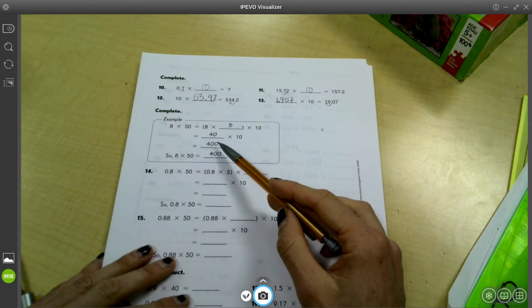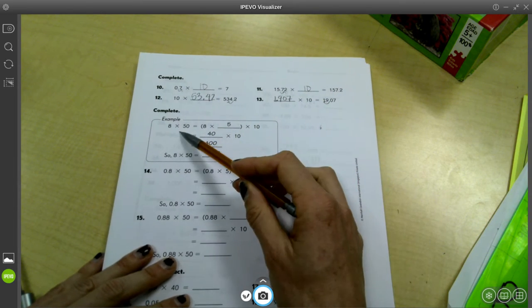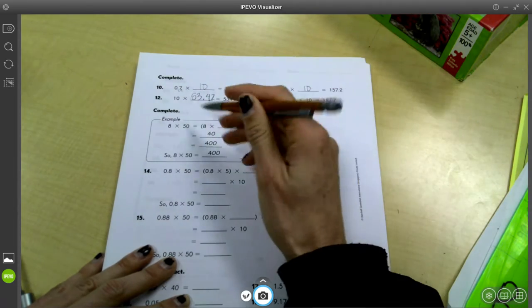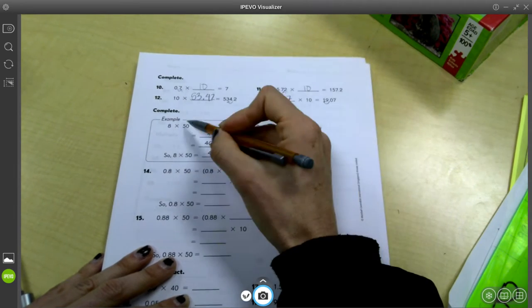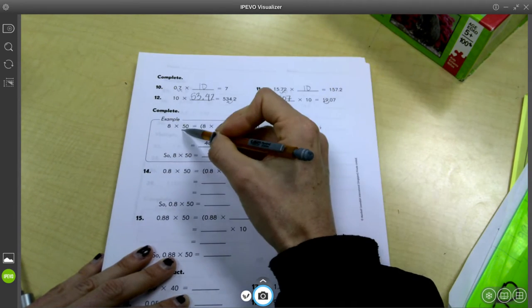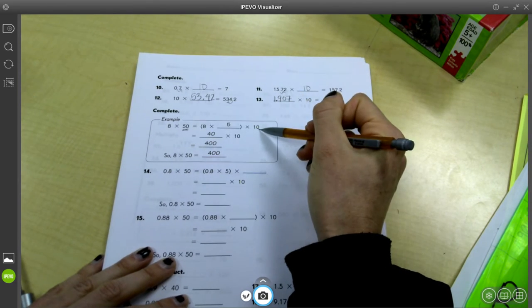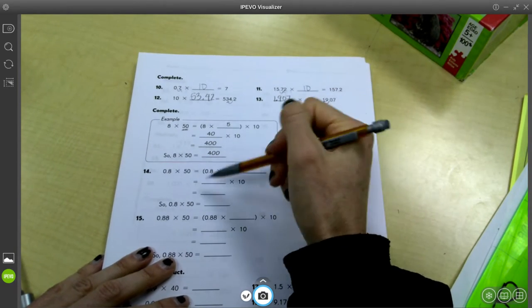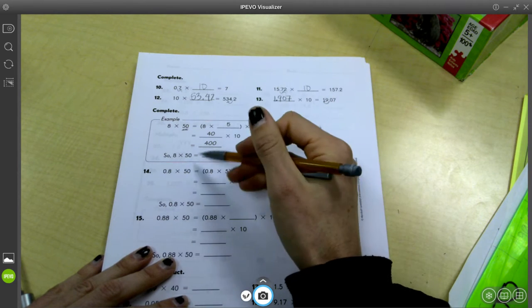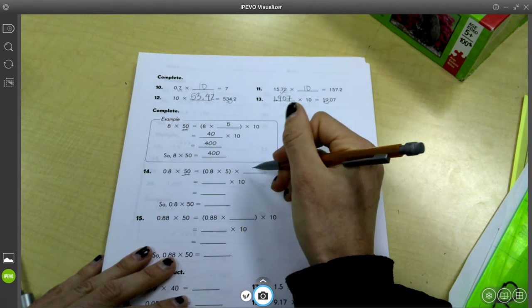All right, here I'm thinking about breaking up my multiple of 10 into two numbers. So here I've broken up 50 into 5 and 10. So I can do 8 times 5 and then multiply it by 10. All right, here I'm going to break up my 50 into 5 and 10.